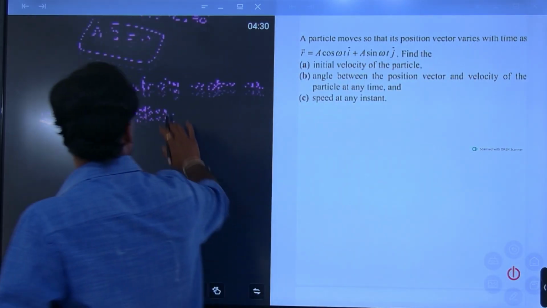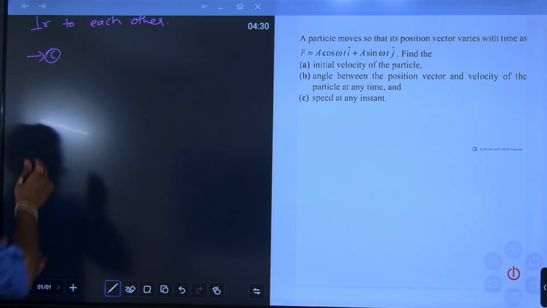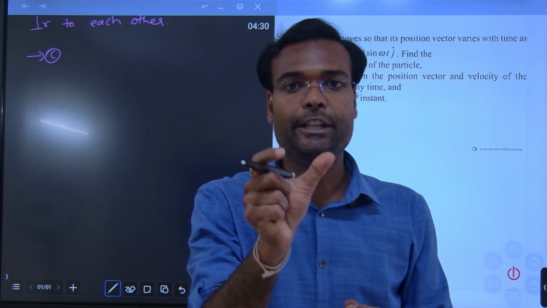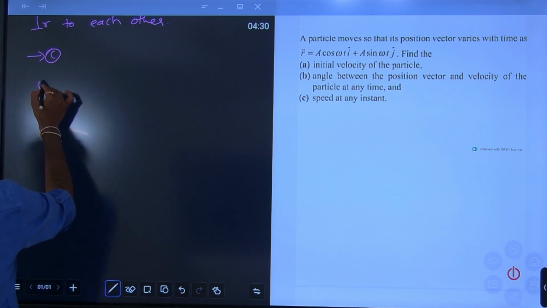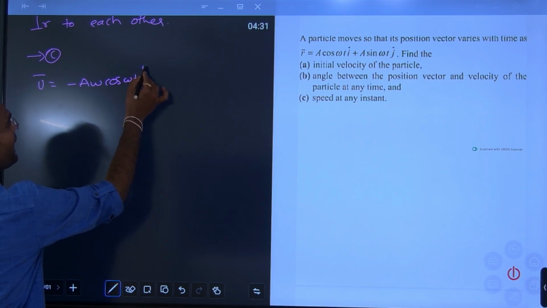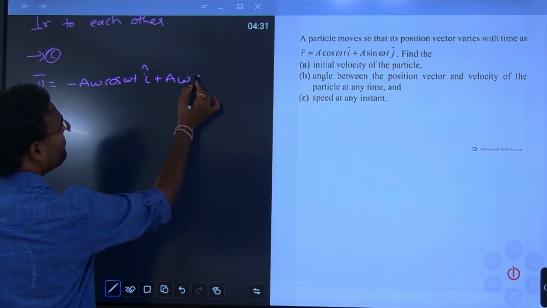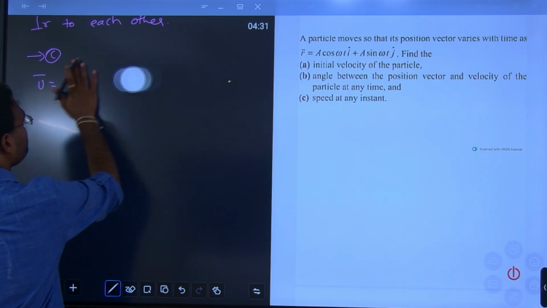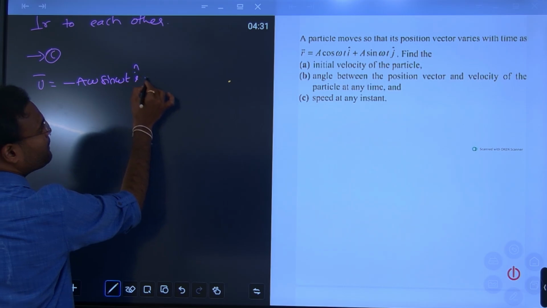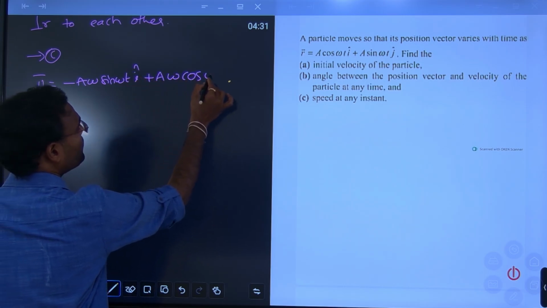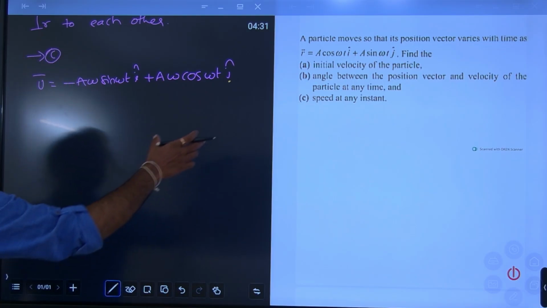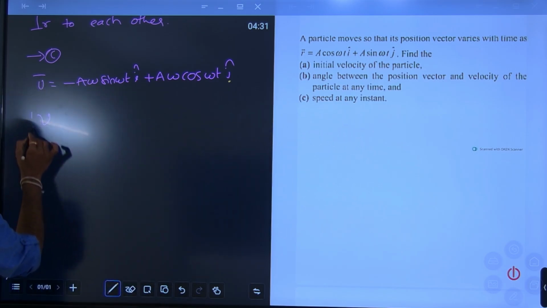The third one is speed at any instant. Understand the question very carefully. They are asking us the speed. What does speed represent? Speed represents the magnitude. We have the velocity vector, minus a omega sin omega t i plus a omega cos omega t j. Now they are asking only for speed, which means we just need to find the magnitude.